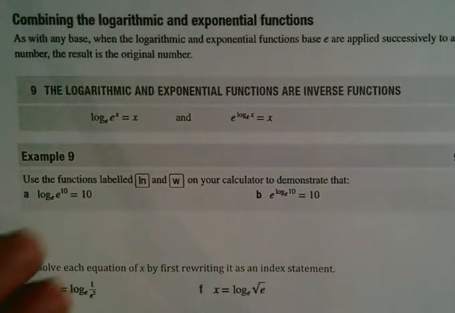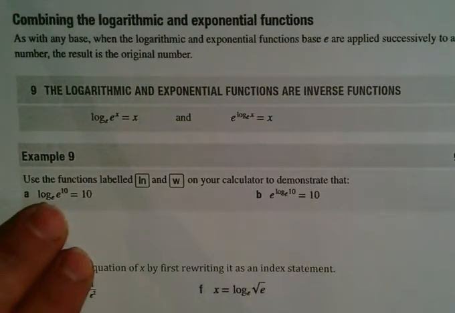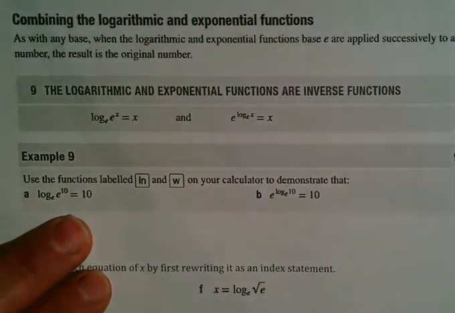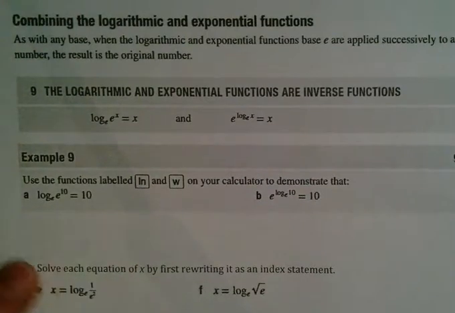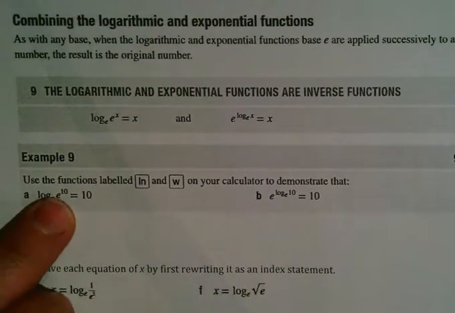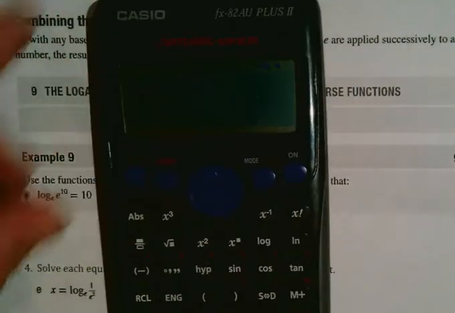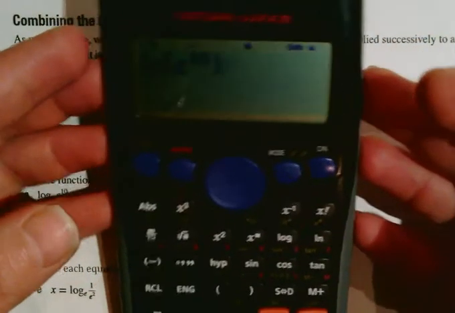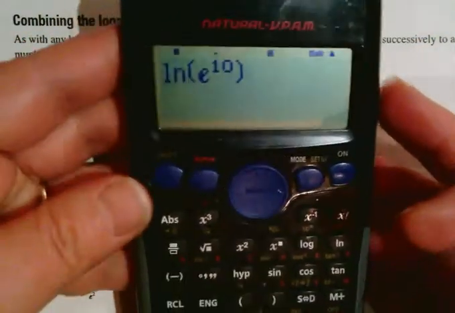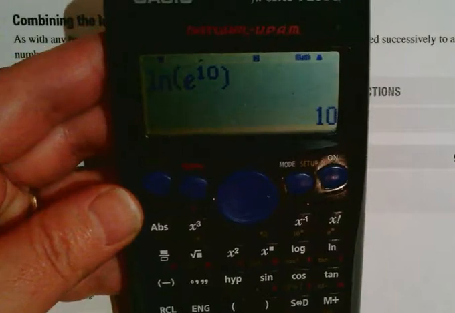So just using that then, log to the base e of e to the power of 10, it's saying just do these on your calculator. So you would press ln e to the power of 10 on your calculator. You go ln and then you go e, so ln e to the power of 10. You do this on your calc, and that equals 10, as you can see.